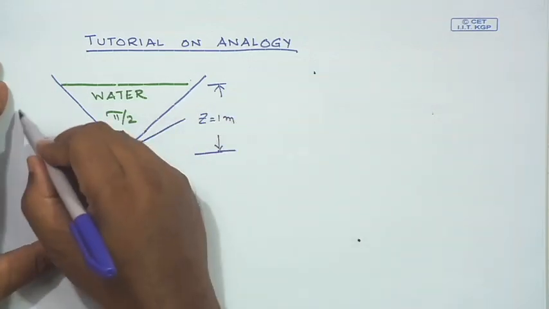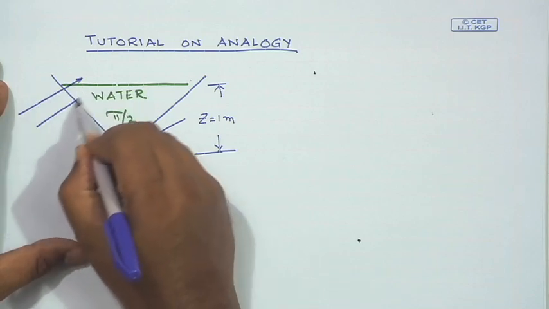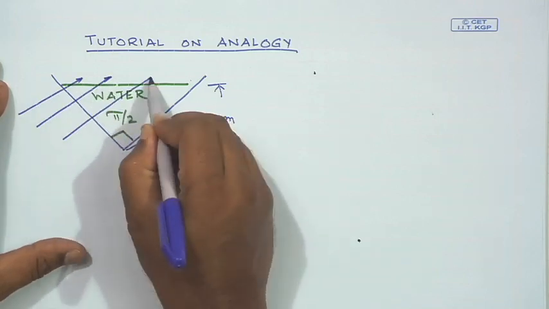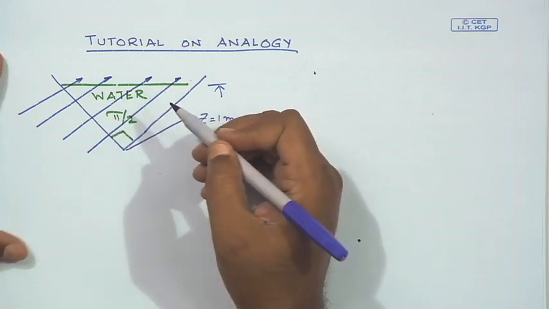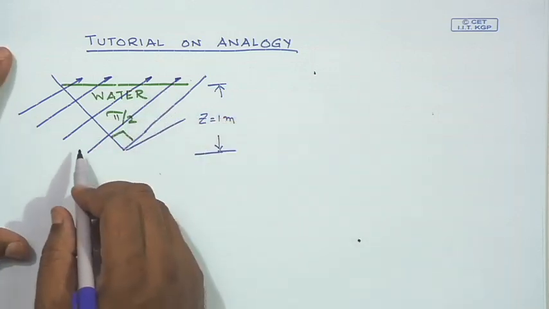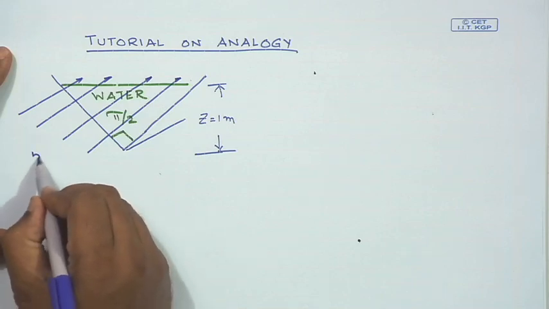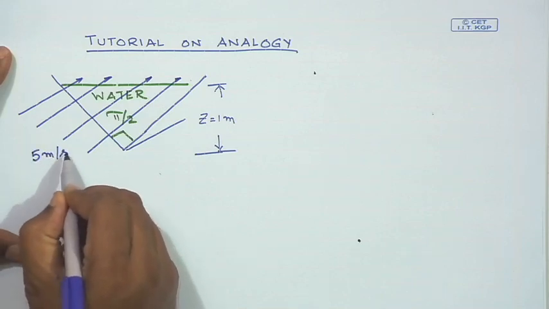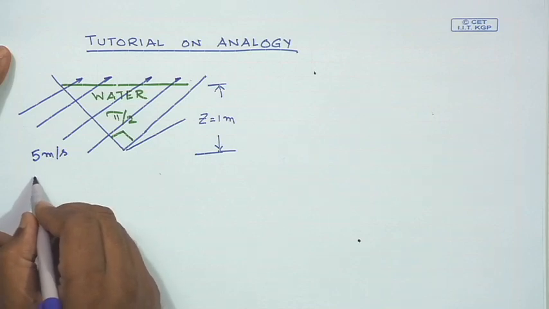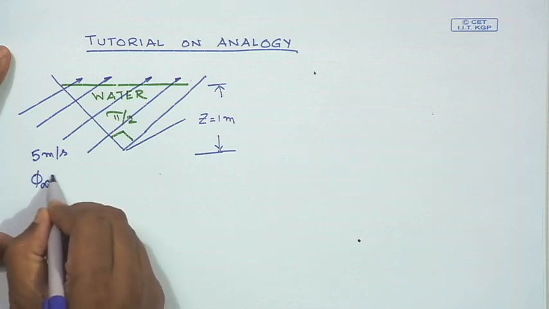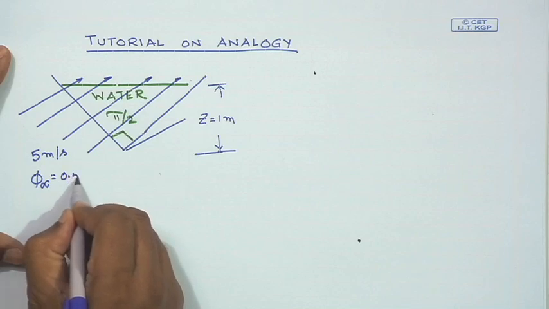The flow of air is in this direction, parallel to the surface of the water. This flow is taking place with a velocity of 5 meter per second, and the relative humidity, denoted by phi, phi infinity, is equal to 0.5.